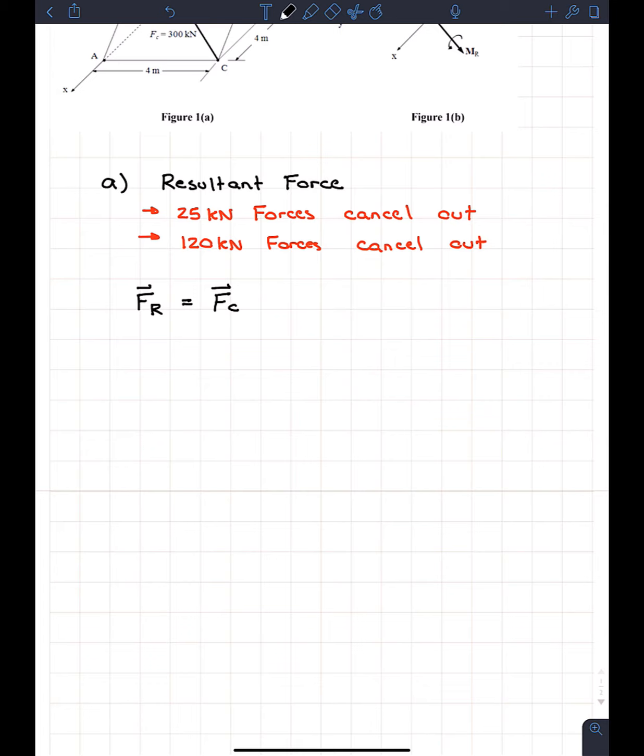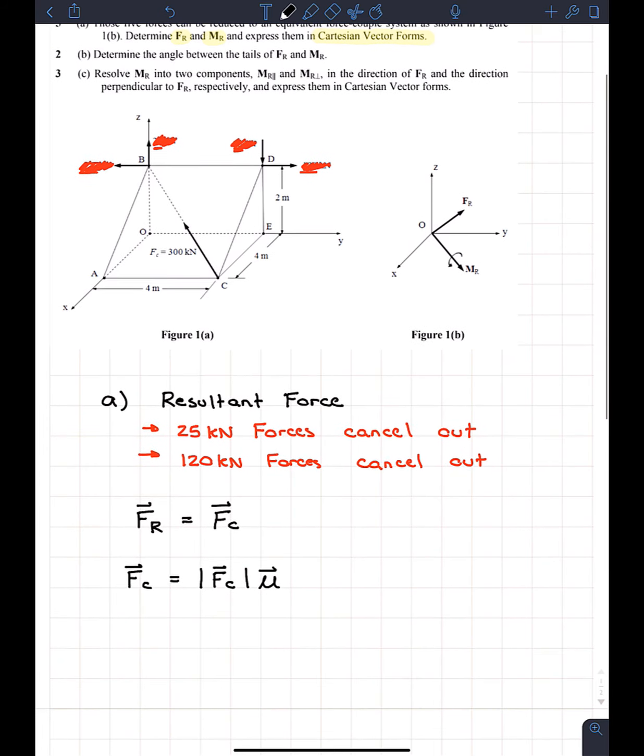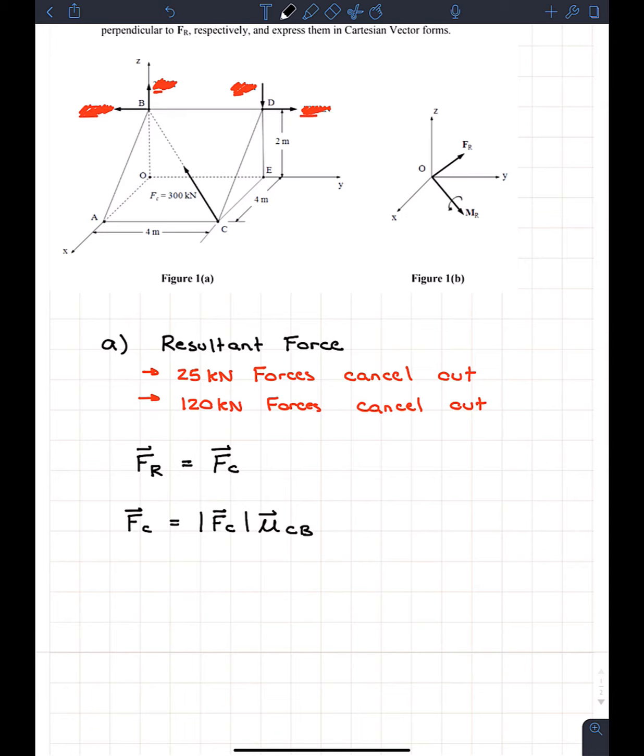But we can find its Cartesian vector form if we take the magnitude of Fc and multiply it by the unit vector of its direction. This force vector goes from point C to point B, so we can write the unit vector from C to B.